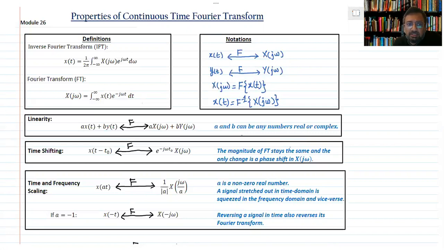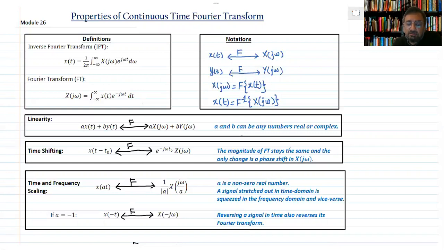The third property that we discuss is the time and frequency scaling property, and this property tells us how the Fourier transform changes if we scale, for example, stretch or shrink the variable in the frequency or the time domain.